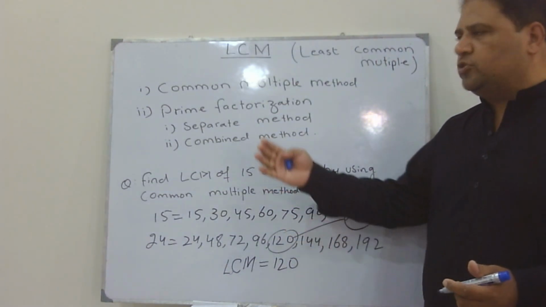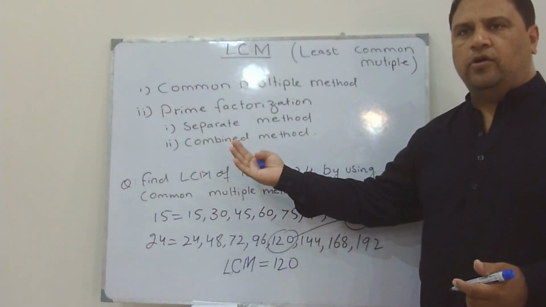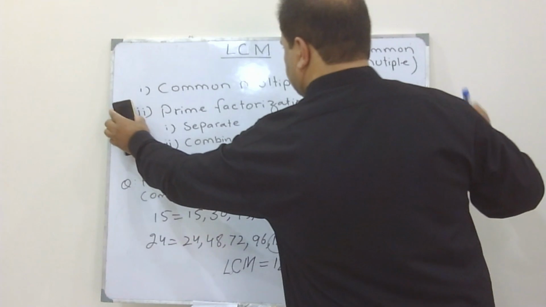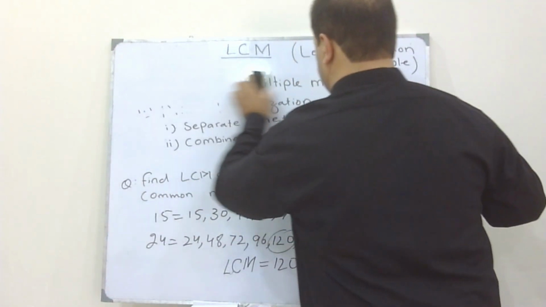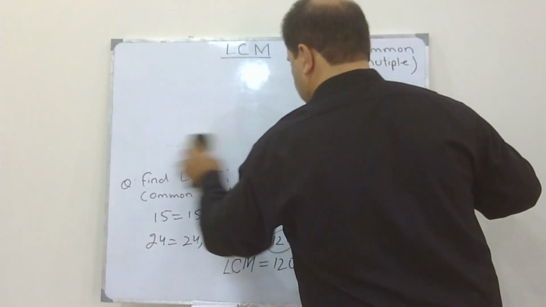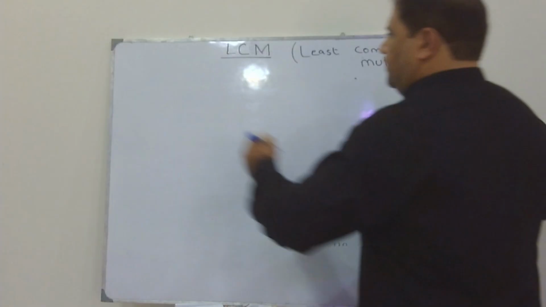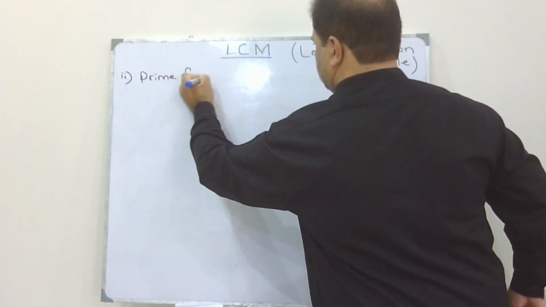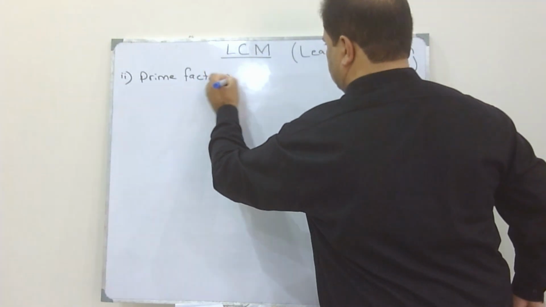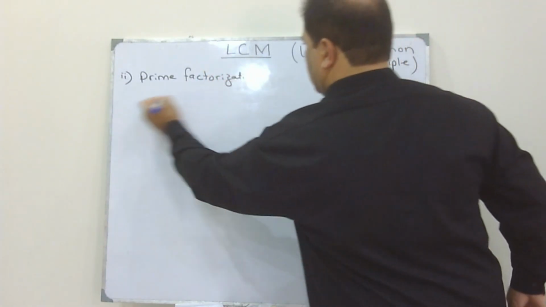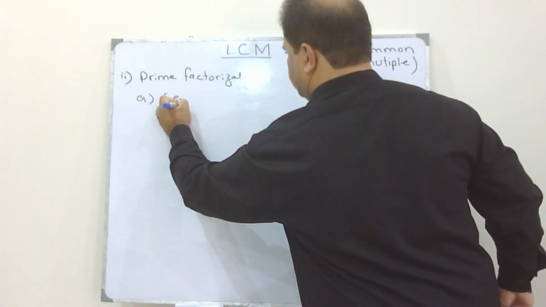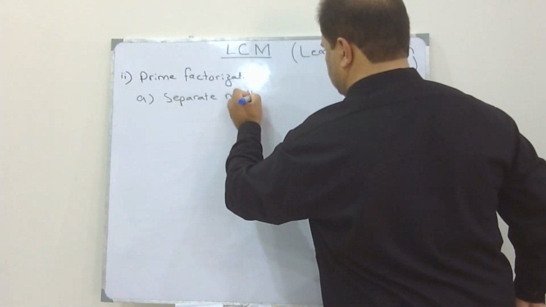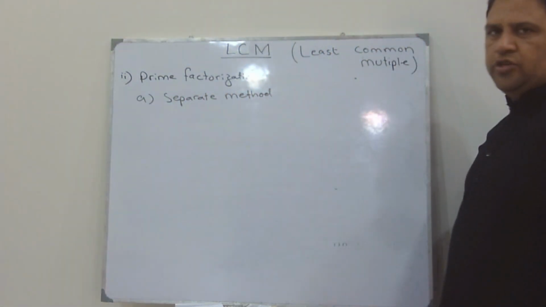Now let's move to the other two methods of prime factorization. The second method is the separate method.